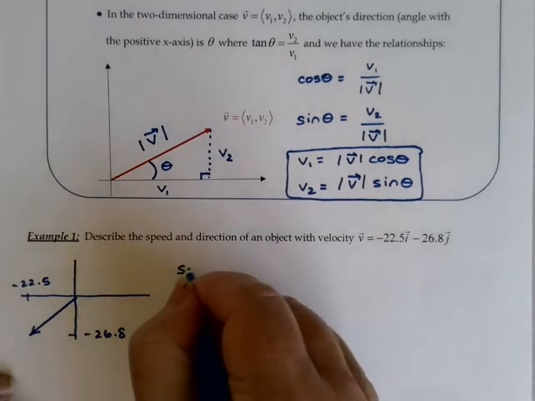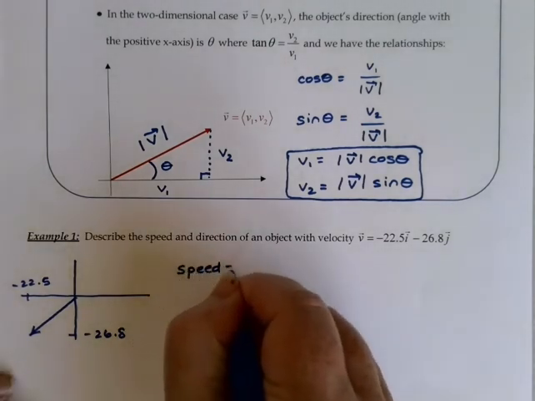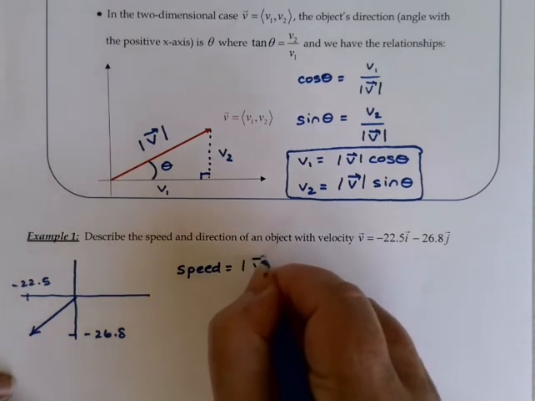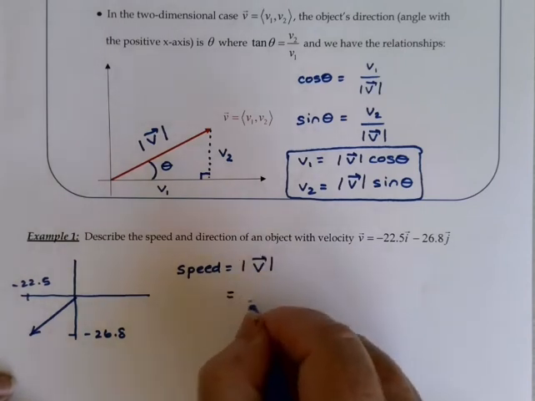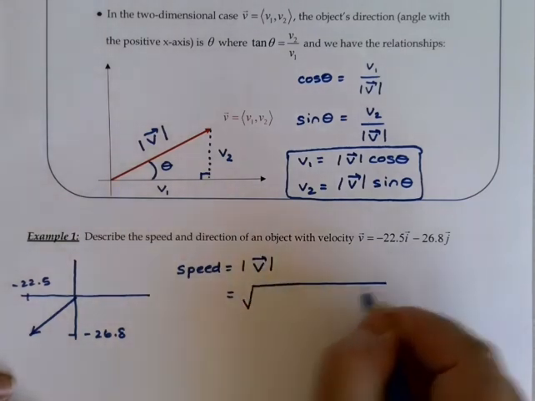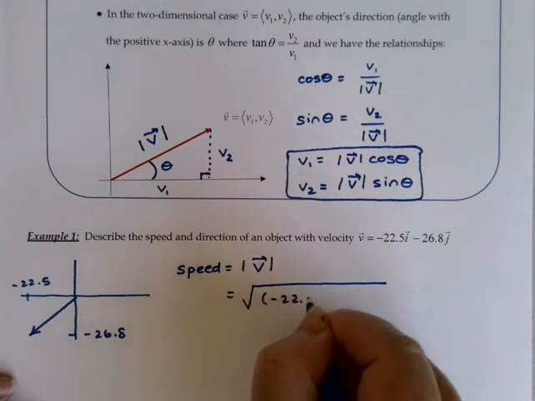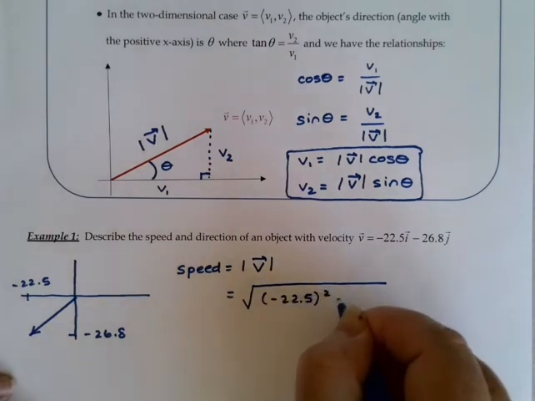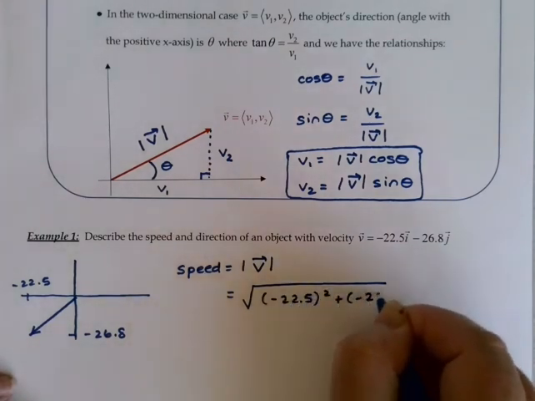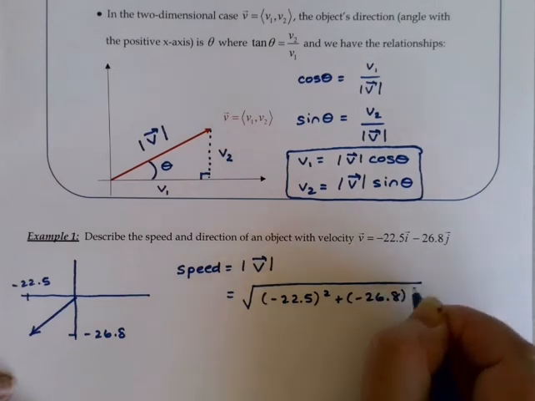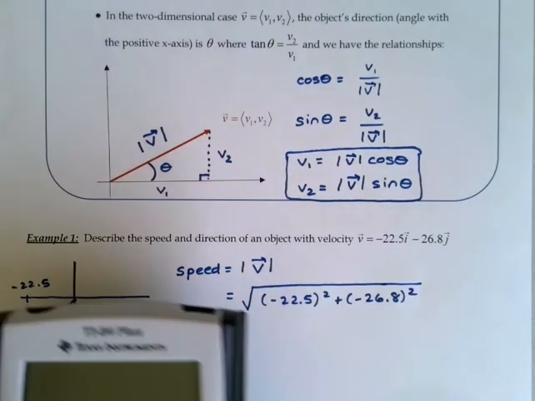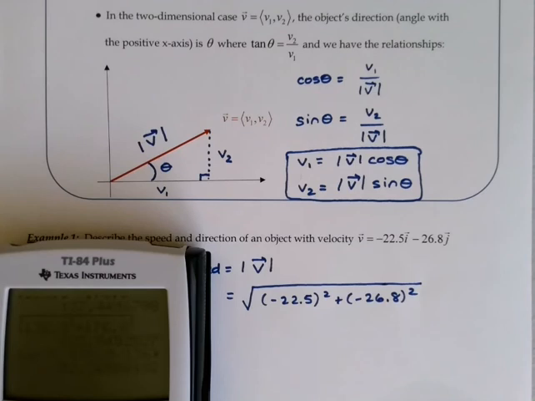The speed is simply the magnitude, or the square root of negative 22.5 squared plus negative 26.8 squared. And we'll just do that on a calculator.